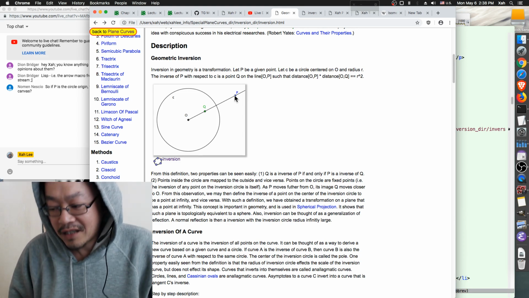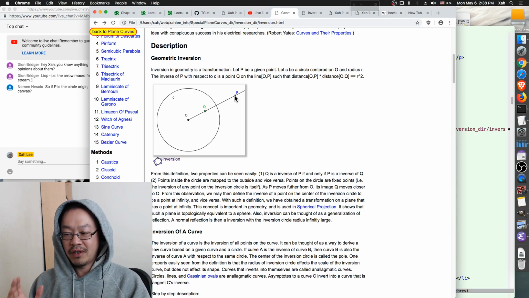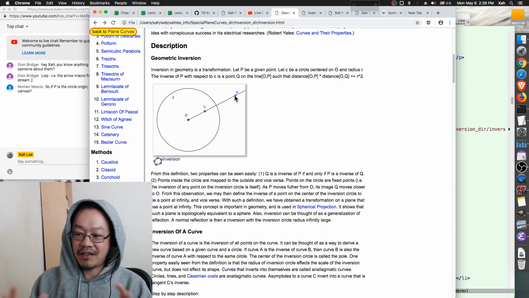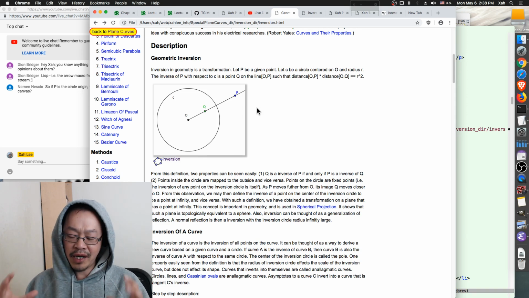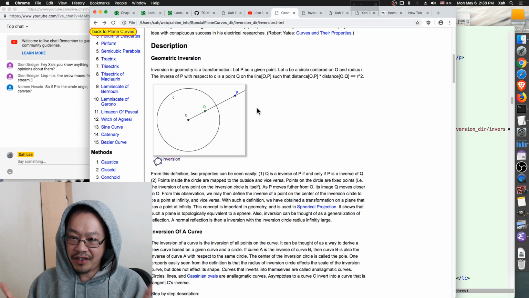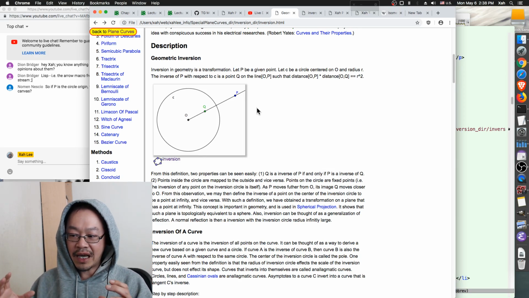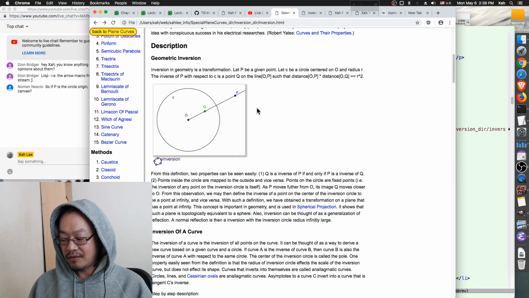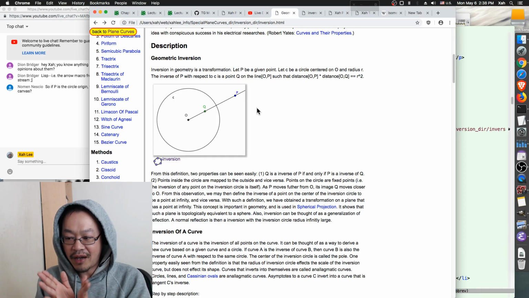In fact, that's how a lot of math approaches things. Infinity is a very curious concept in math. But here we have an example. We have given the definition of geometric inversion, and we have also encountered this infinity concept.